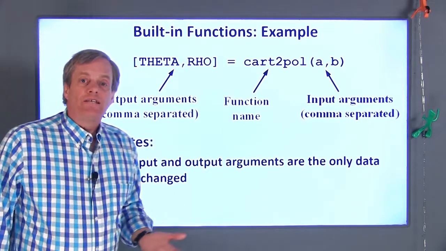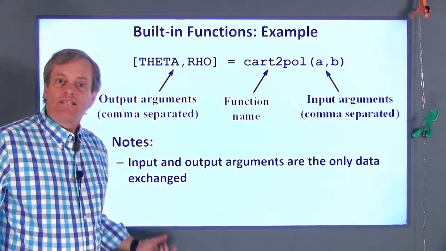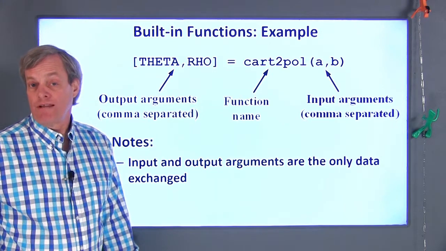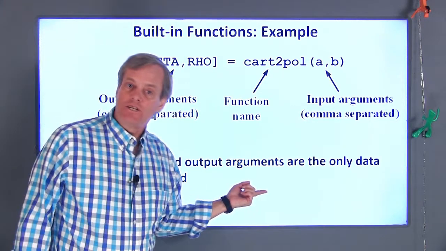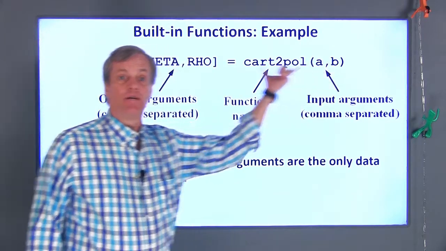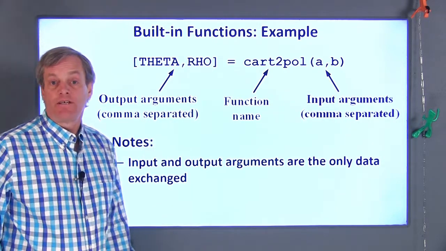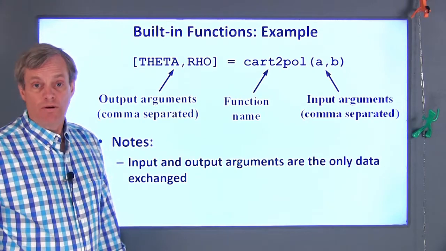There are a few things that you really need to keep in mind when using functions. These things may seem natural, but they're common sources of confusion when people start creating their own functions. First, the only information exchanged between you and the function are the variables listed as input and output arguments. If the function creates any other variables in the process of calculating the output variables, it doesn't provide them to you.